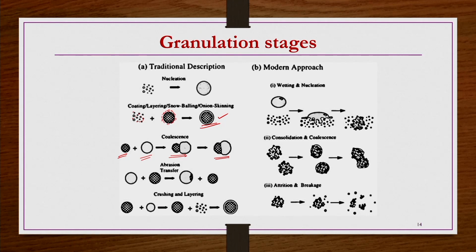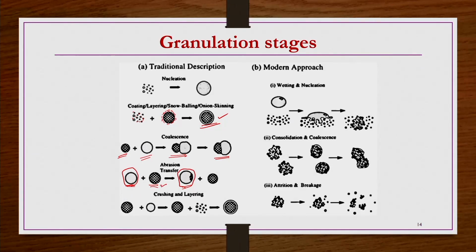Then there is also attrition transfer. Let us say you take two same-size particles. In this attrition transfer, some of the material goes in and transfers to the other particle. So one of the particles becomes slightly bigger, because some of this material is transferred by the attrition.